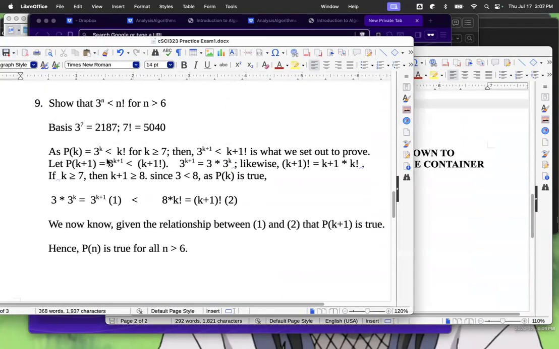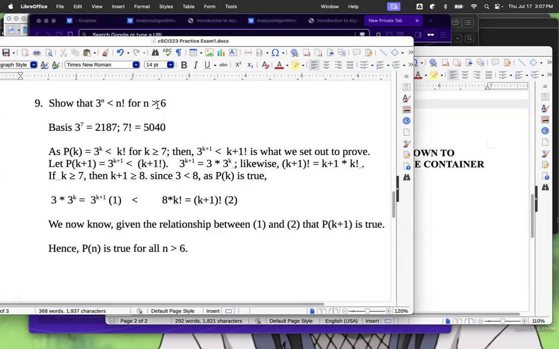So at what point does 3 to the n overtake n factorial? We said for n greater than 6, right? Now n is supposed to be a natural number. However, c does not have to be. It's just a constant, right?